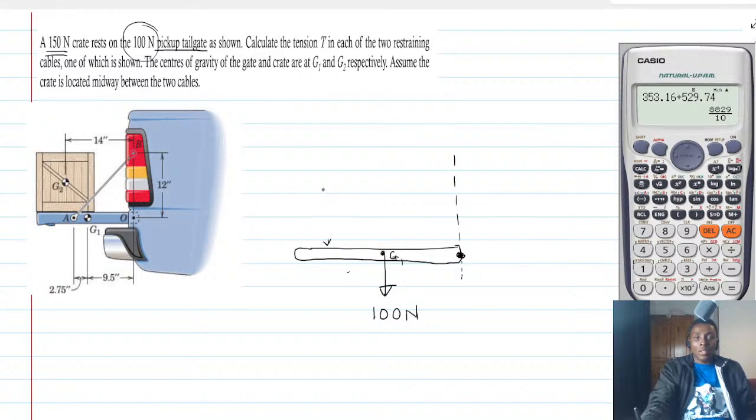Alright. So let's do it this way. So this line here represents the line of action of the weight of the crate, which is what?